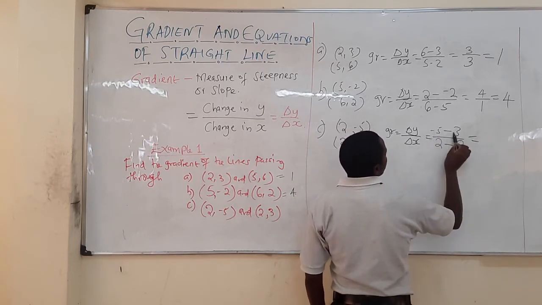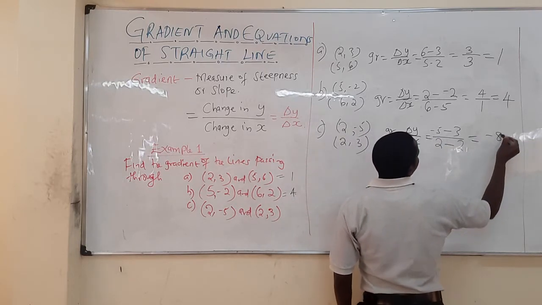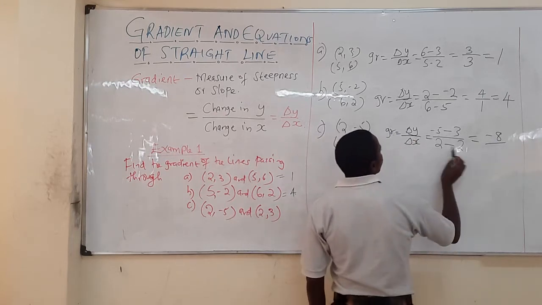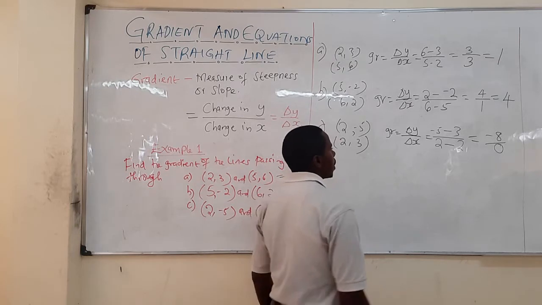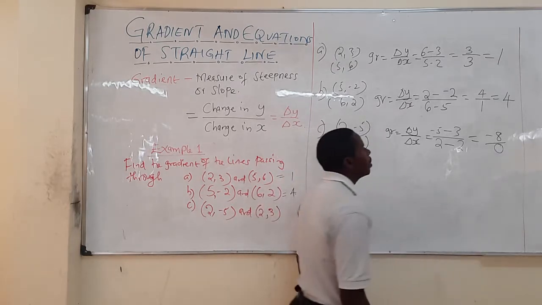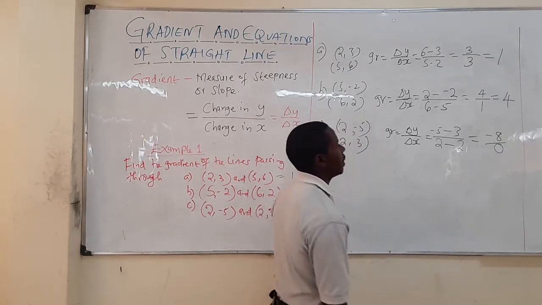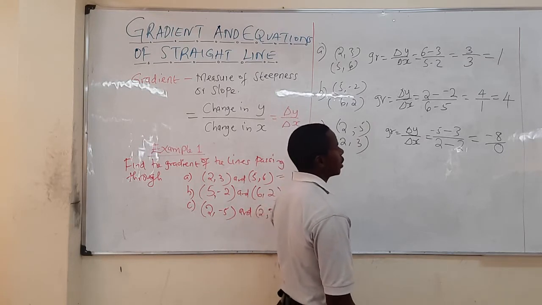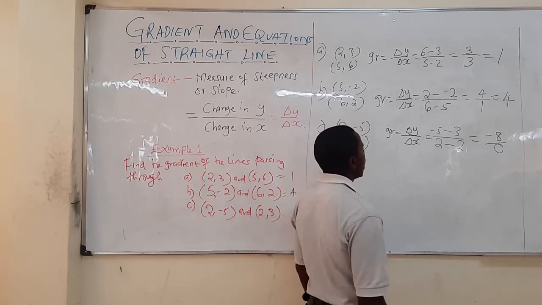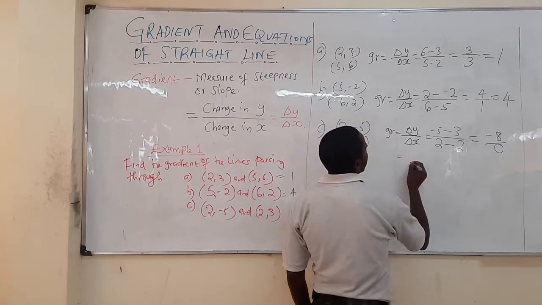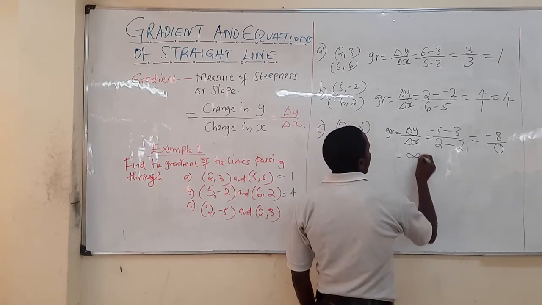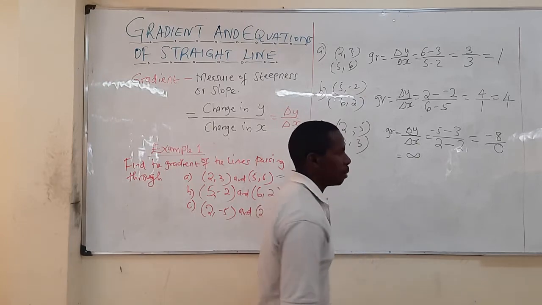Minus 5 minus 3 is minus 8, then 2 minus 2 is 0. Minus 8 divided by 0 is a very big number, yet to be identified. So the gradient in that case, you're going to say, is infinite.